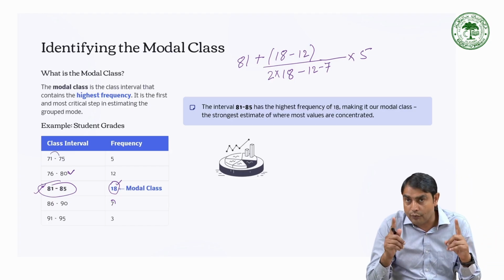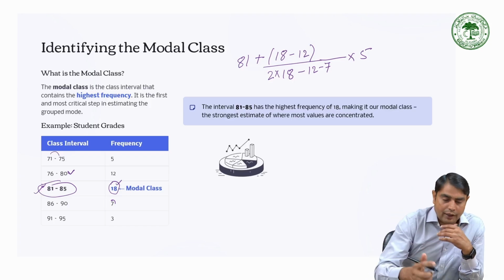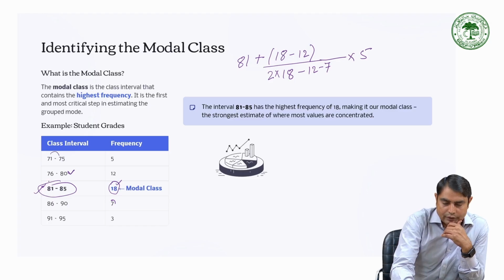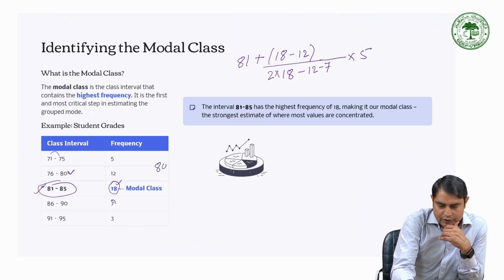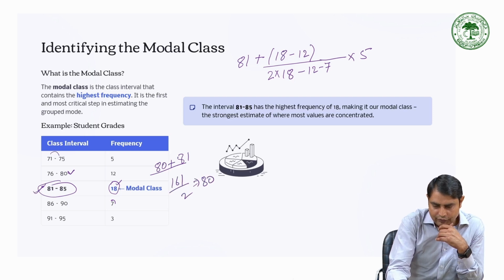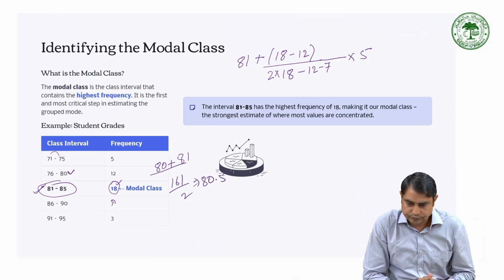So there is a gap of 1. In that case, to bring continuity in the data, you have to find the average of 80 and 81. The last value is 80 and the beginning value of the modal class is 81. So I can take the lower limit as 80 plus 81, 161 by 2, which is nothing but 80.5, to bring continuity.